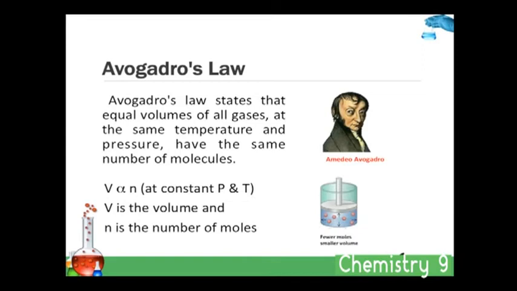The smaller the volume, the fewer moles. The larger the volume, the more moles there are. Keep in mind we are not applying any pressure or temperature in this example.